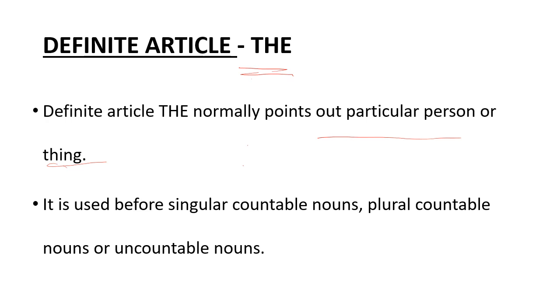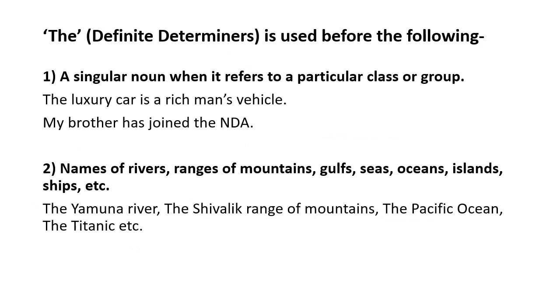Then it is used before singular countable nouns. It may be used before plural countable nouns or uncountable nouns. Fine. The definite determiner the is used before the following nouns. The first, a singular noun when it refers to a particular class or group.